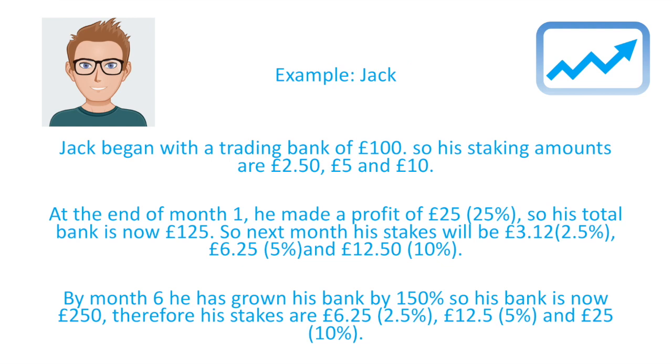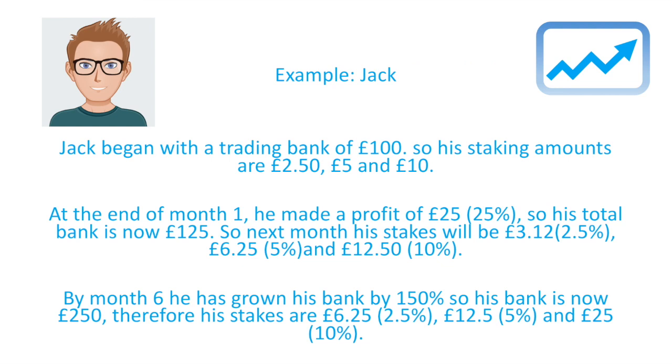So his total bank is now £125. So next month, using the ratchet system, his stakes will increase to £3.12, which is the 2.5%, £6.25, which was the 5%, and £12.50, which was the 10% stake, which last month was just £10.